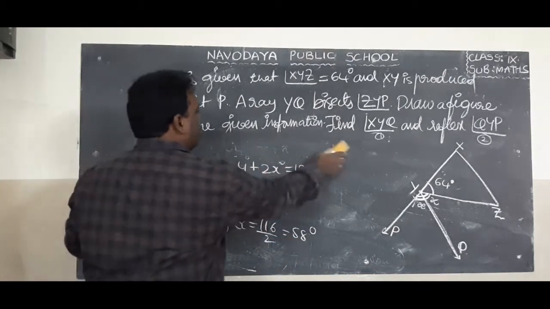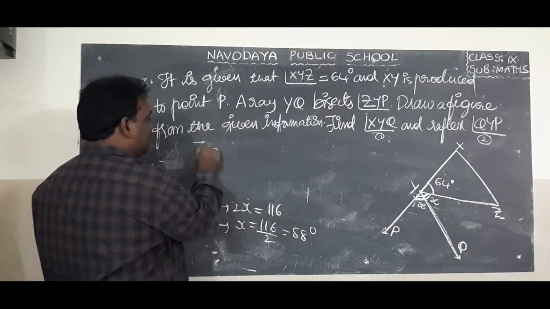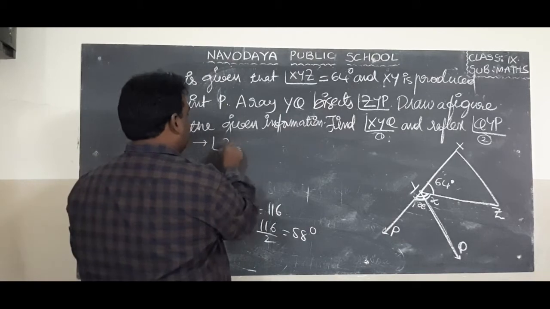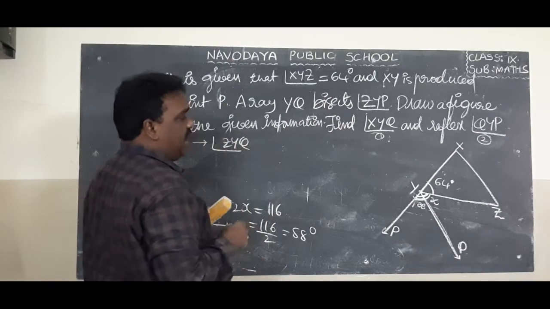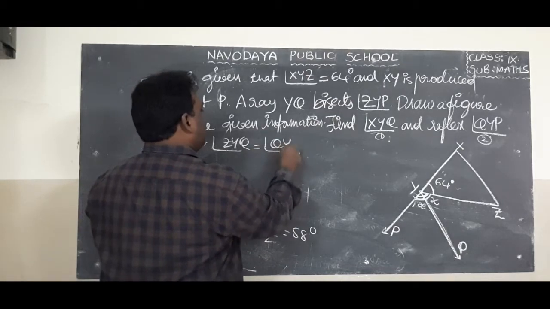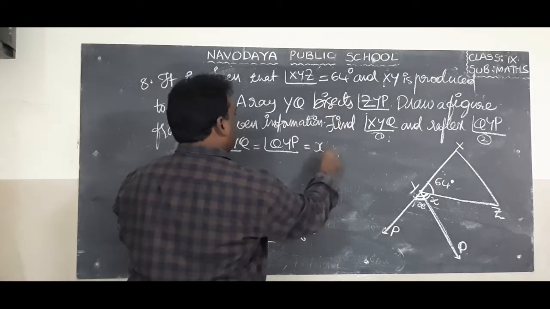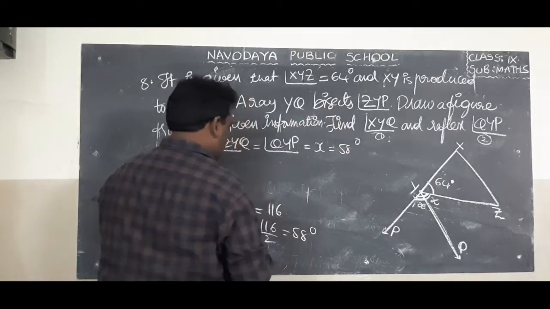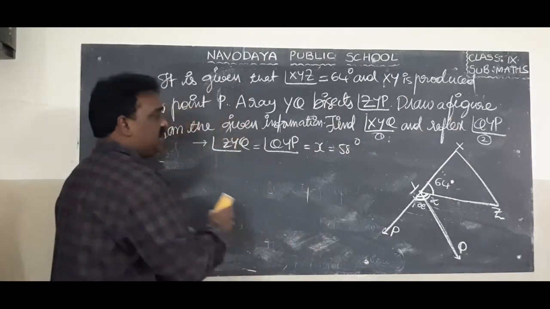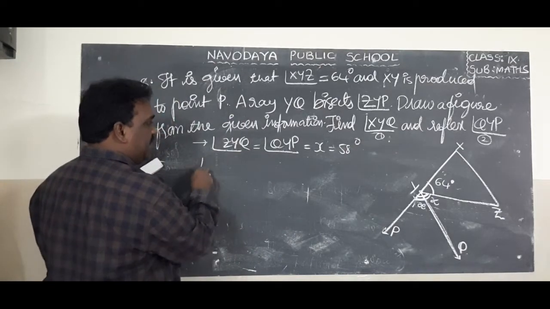So x implies angle ZYQ equal to angle QYP equal to 58 degrees. Then x value completed. So x value how much? 58.